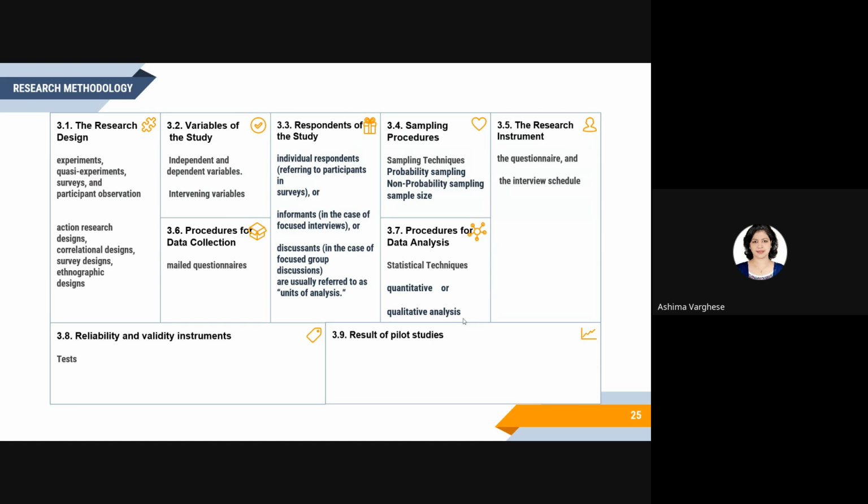There can be surveys and participant observation. Well, there are certain action research designs also. These are new and modern designs, like correlational designs or survey designs, ethnographic designs. These are being conducted globally, where they are more concerned about advanced research design techniques. So whatever suits you, you can do that.